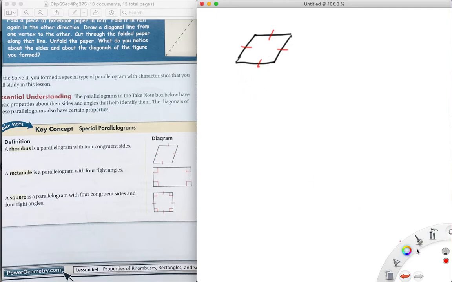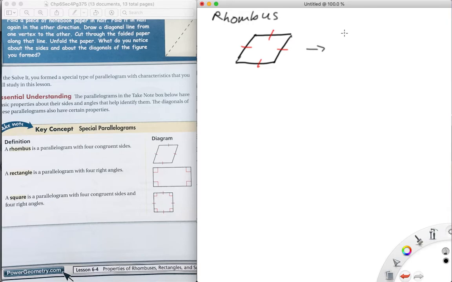Alright, so all the stuff we talked about with parallelograms in the past still applies. Consecutive angles are supplementary, the diagonals bisect each other, opposite sides are congruent, opposite sides are parallel. All of that is still true. But in the case of a rhombus, the opposite sides that are parallel are all the same length.